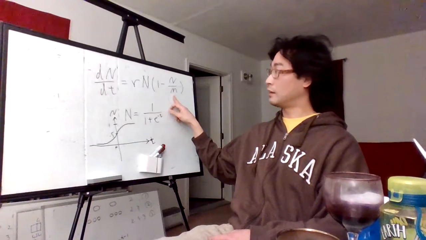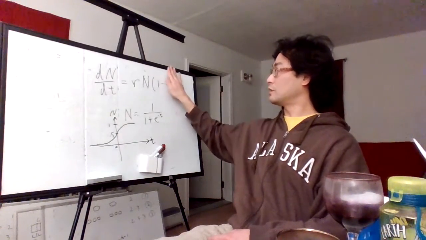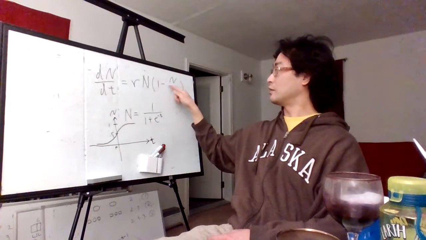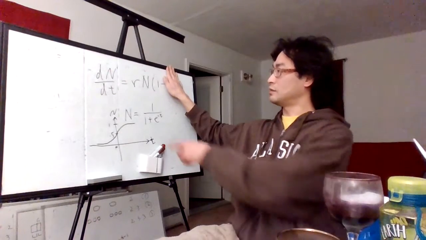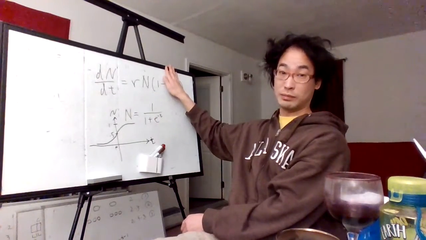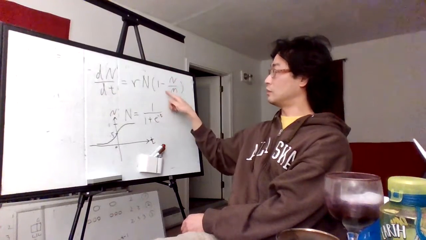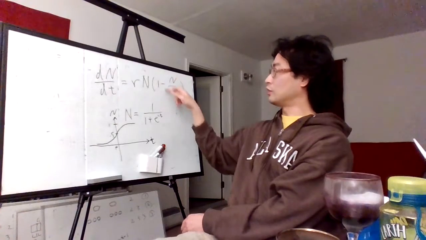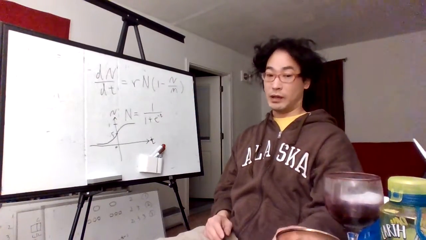How do you understand this equation? It's a modification. They just add one term, minus N over M. Before that, it's the traditional differential equation for bacterial population growth. They added just one term, and it made a very big difference.